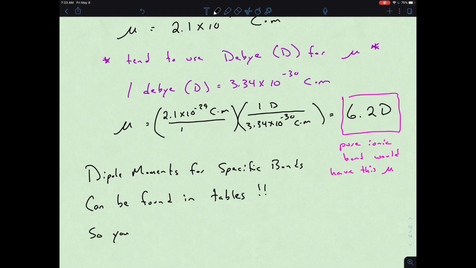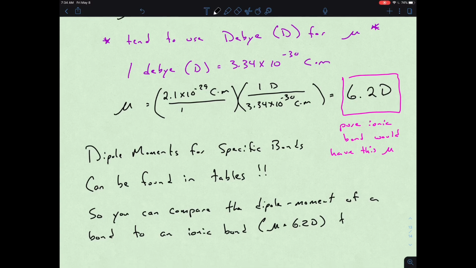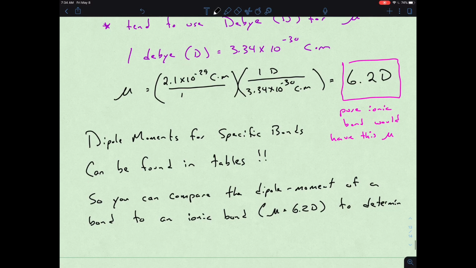So you can basically compare the dipole moment of a bond to an ionic bond to determine the bond's ionic character.